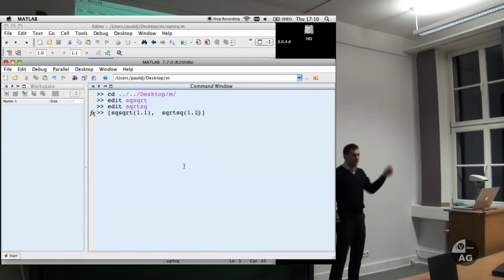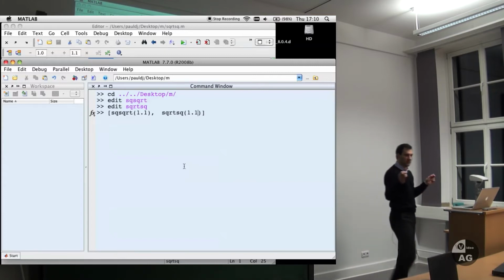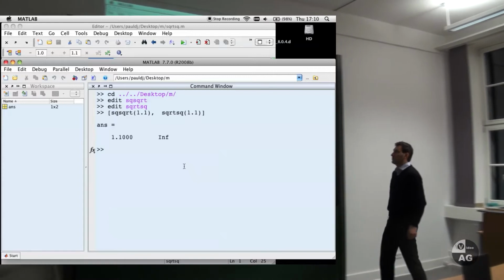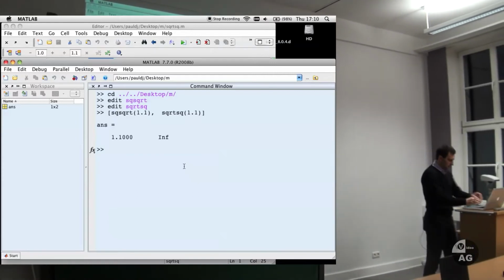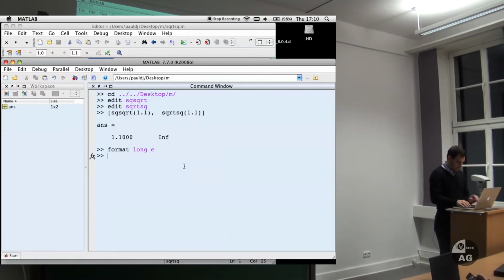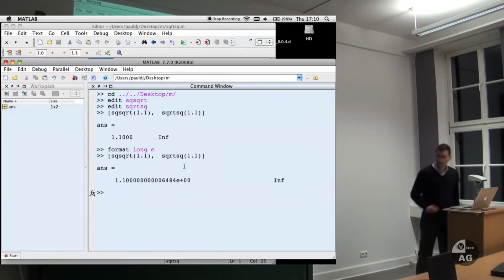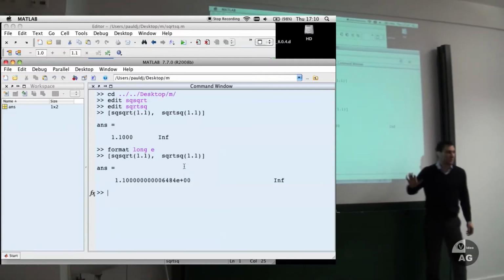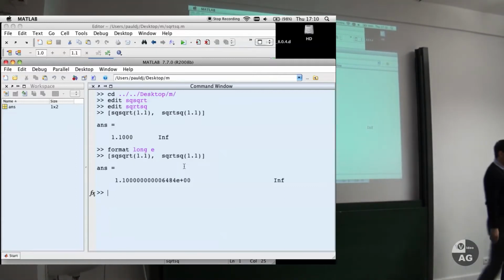We would like to have 1.1, 1.1. What do we get? 1.1 and infinity. I don't like that. Format long E. Okay. Can you guys explain this behavior?